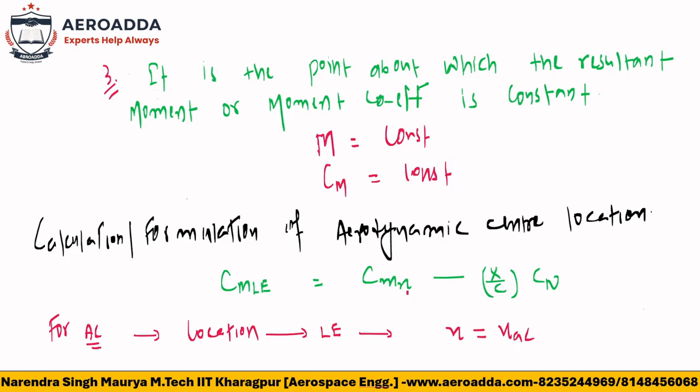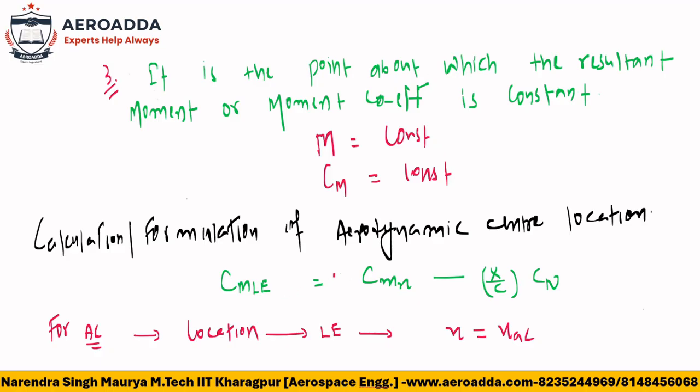Instead of X, you can replace this with XAC. CMLE you are not going to change, because this moment is about the leading edge. That moment about the leading edge is not going to change, because the aerodynamic center is only one location. So only X changes. Everything else will be the same.